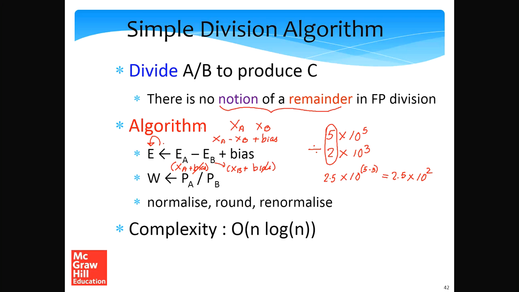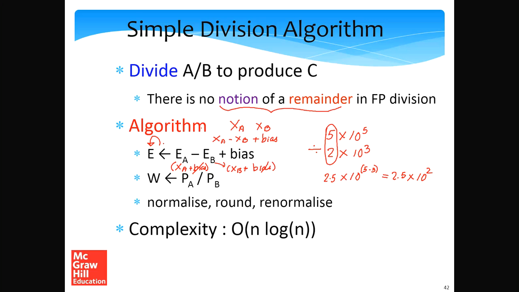Alright, so what do we do once again? We extract the exponent field from A and B, we subtract them, and then we add the bias. So why do we add the bias?